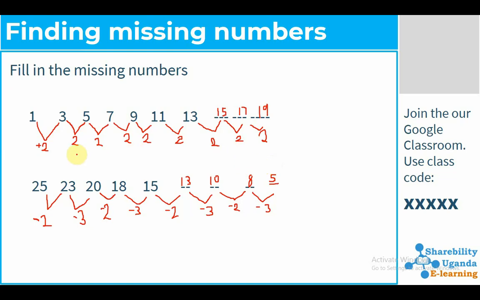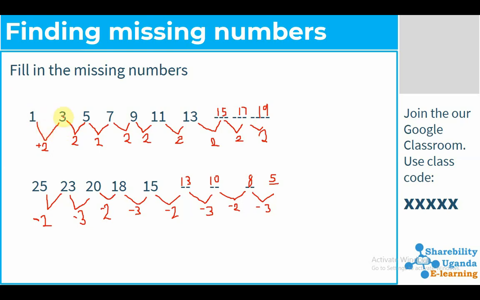In a recap of what we have said, you look out for which number you first see, are these numbers increasing? If they are increasing, that means you are going to apply addition or the sum of those numbers. They are increasing from 1 to 3, which number can be added to get it?